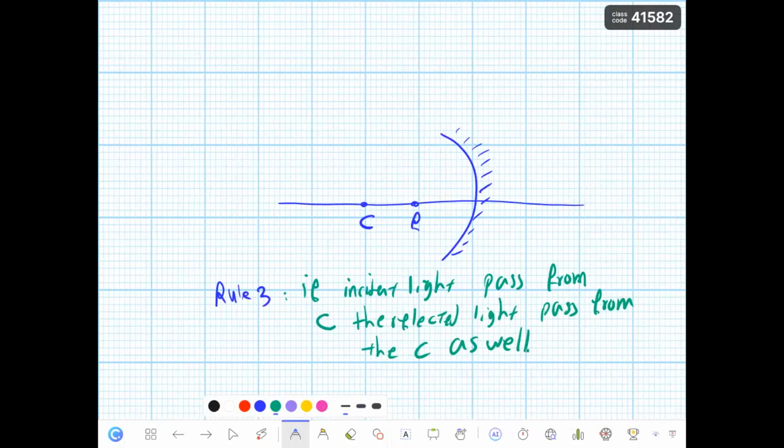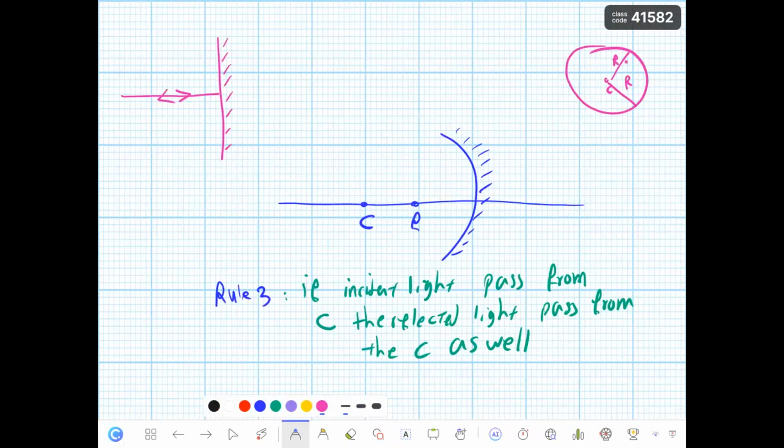Why? You remember in the plane mirror, let me just draw here. In the plane mirror, when the incident light was exactly in the direction of the normal, what would be the reflected one? So we said that the center of curvature is the center of the sphere and the radius.